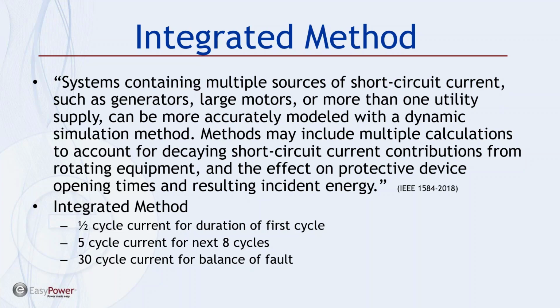Then for the next 8 cycles, we use the 5-cycle current to integrate the energy that's produced. And then if the fault lasts longer than 8 cycles, the tool uses a 30-cycle current for calculating the incident energy. These are all summed, and consequently we refer to that as the integrated method.